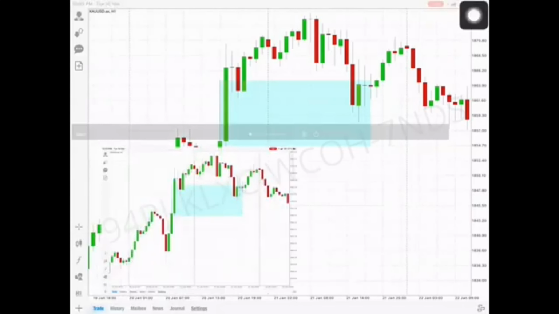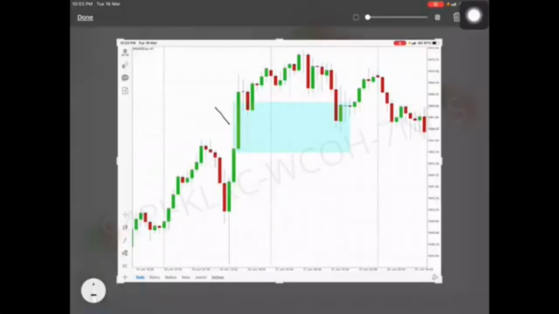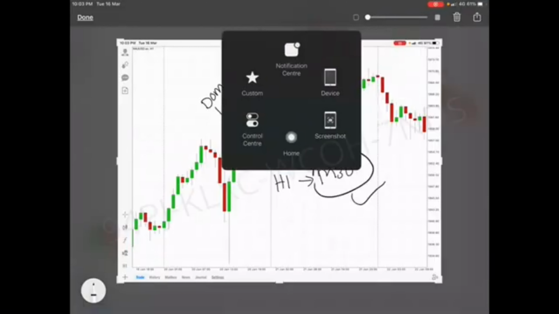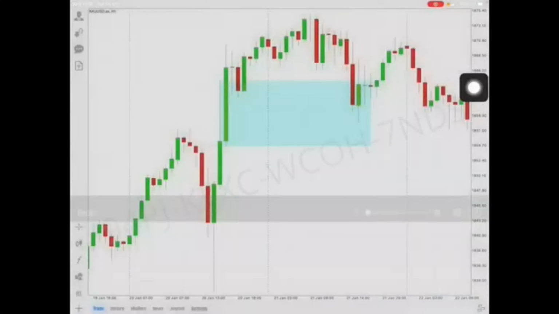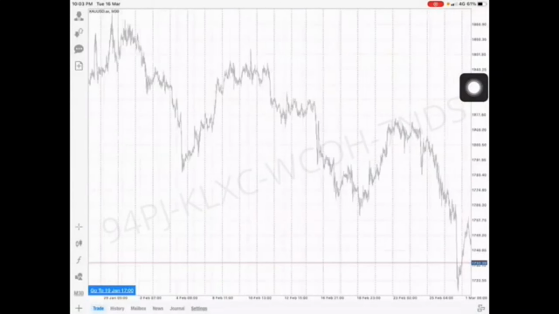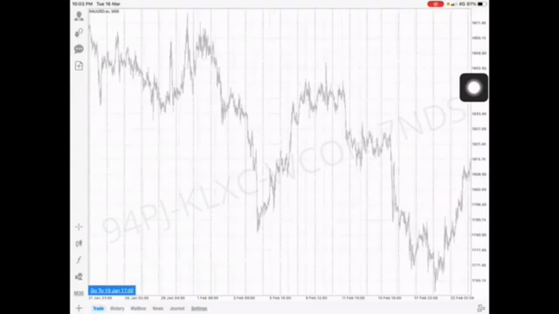Okay, so here is your DOM. Now we are on H1. So where do we go from here? Entry. Yes, so we go to entry. Now we're on the M30.